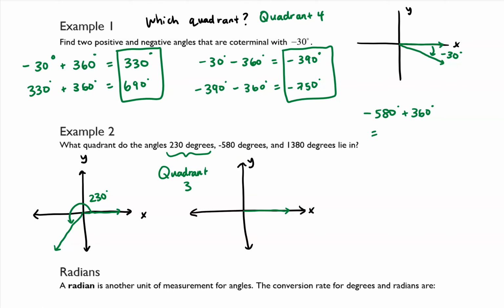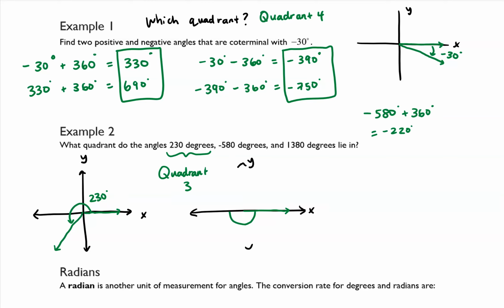So that ends up being negative 220 degrees. So I'm going to travel in the clockwise direction. If I travel up to that point, that would be negative 90 degrees. Up to that point, negative 180 degrees. And up to this point, that would be negative 270. And at that stage, I would have traveled too far.